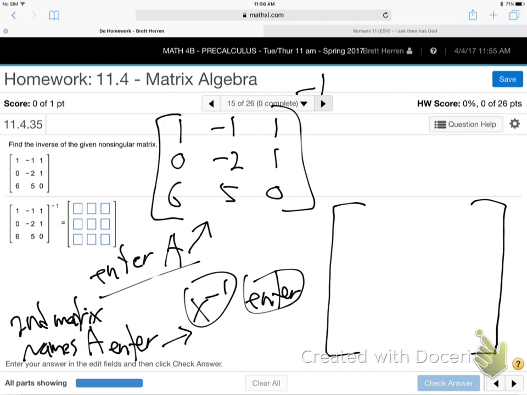All right, so here we go. I'll go in second, matrix, matrix A, go over to edit, enter. What is it, 3 by 3? 3 by 3, and it goes 1, -1, 1, 0, -2, 1, 6, 5, 0. Hope I did that right. Looks good.